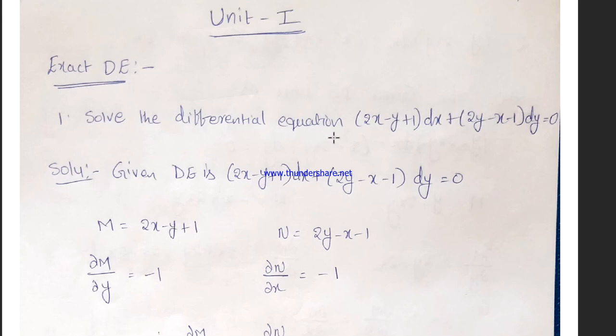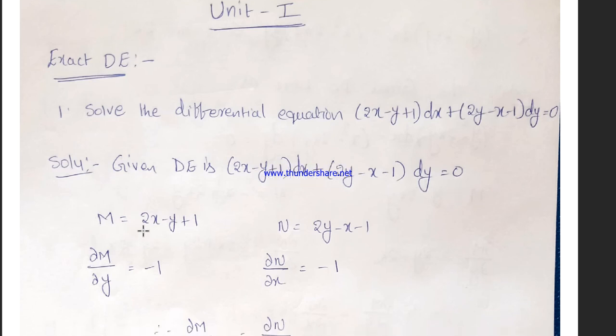Solve the differential equation (2x minus y plus 1) dx plus (2y minus x minus 1) dy equal to 0. First you need to check the differential equation is in the form of M dx plus N dy. So that is the given differential equation, you can write it. Take M is equal to 2x minus y plus 1, N is equal to 2y minus x minus 1.